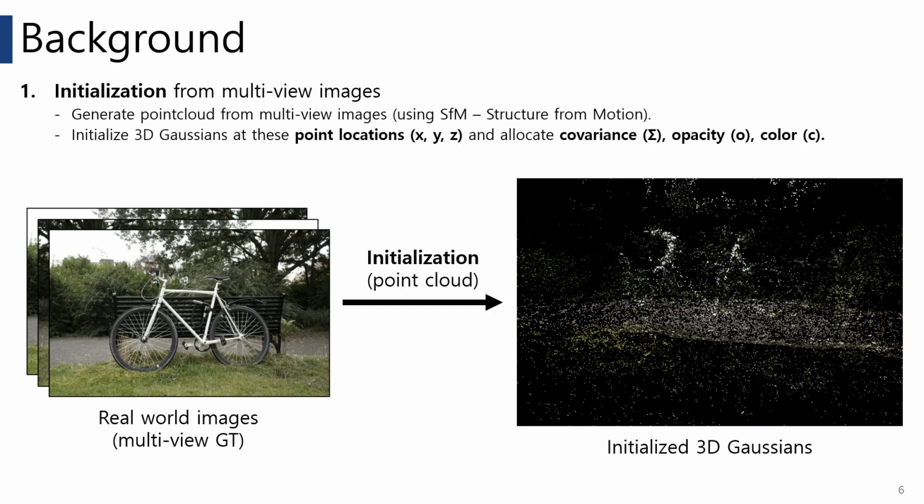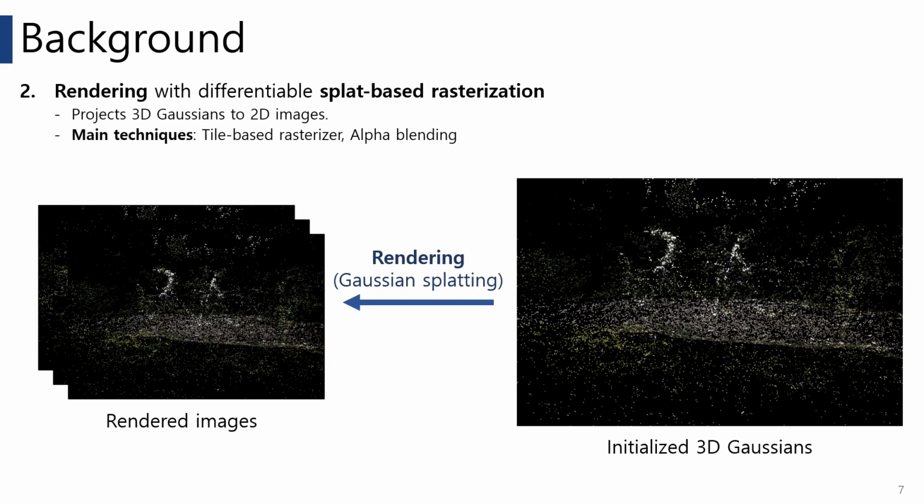These points from SFM then serve as the initial positions for our 3D Gaussians. Each Gaussian is allocated features like covariance, opacity, and color, which will be refined during the learning process. This completes the initialization.